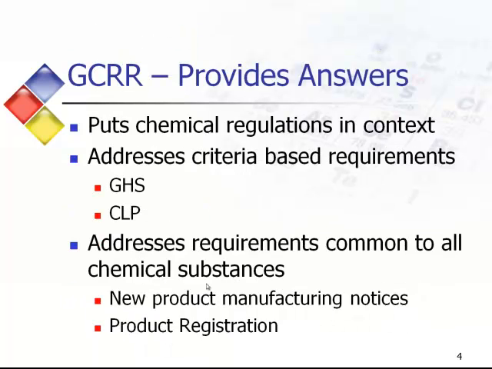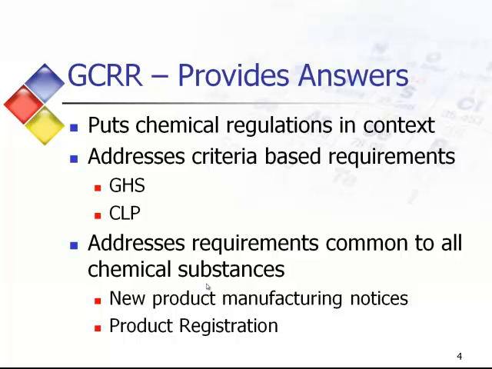The Global Chemical Regulatory Report provides answers that aren't necessarily forthcoming in our other database products. First, it helps to put those chemical regulations in context. Second, it addresses those criteria-based requirements that may not be captured in our other database products. Some examples would be GHS and CLP requirements.